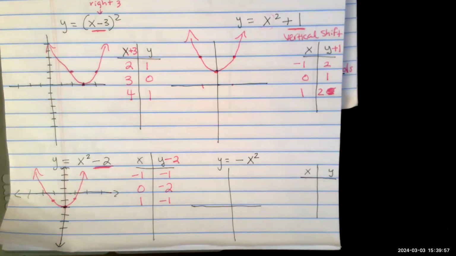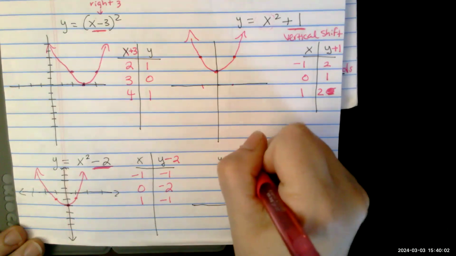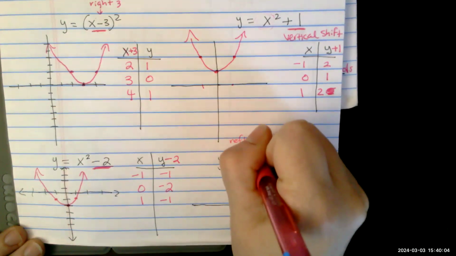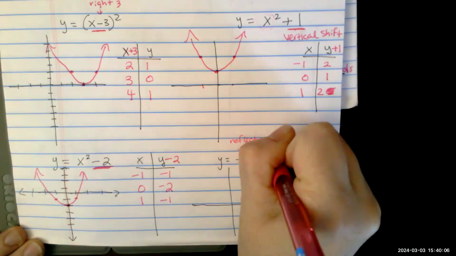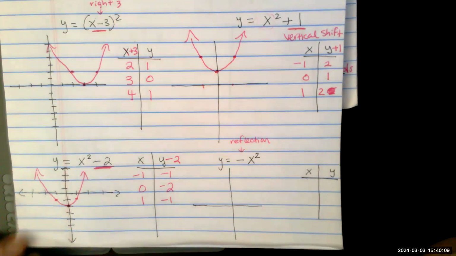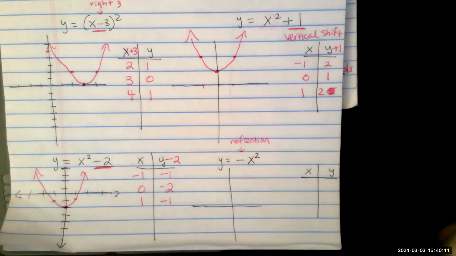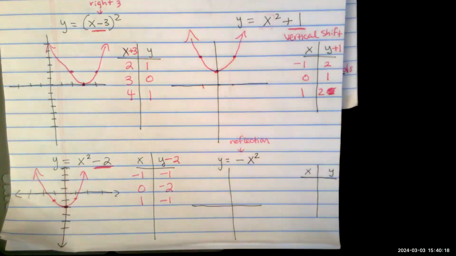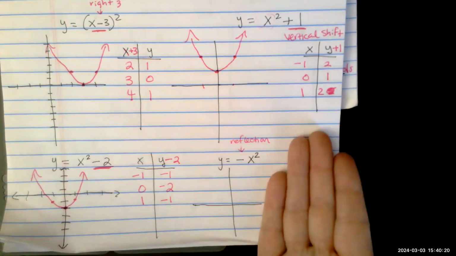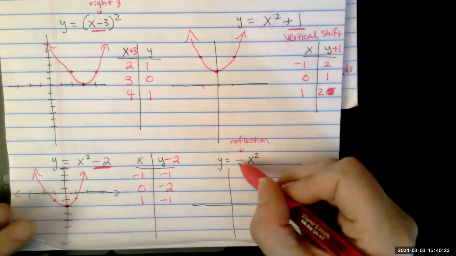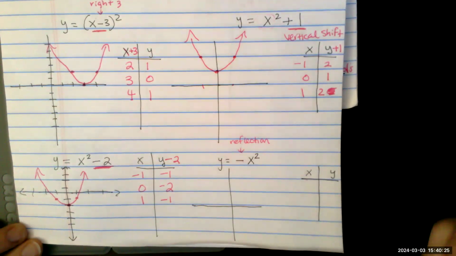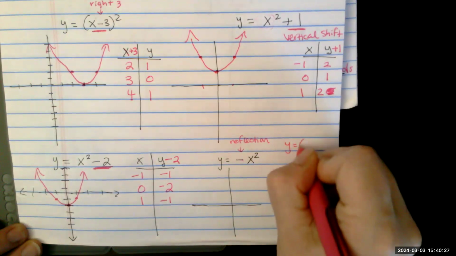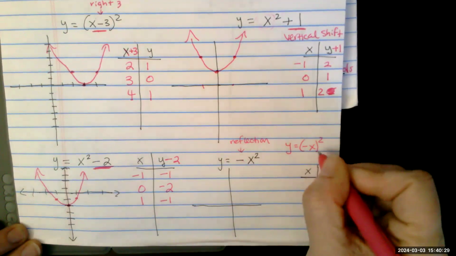Okay, let's see what's happening to this. When there's a negative being multiplied, first of all, it is called a reflection. But a reflection is kind of like a flip. So a reflection could flip the graph down, or it could flip it from right to left. So this is outside of the function again, because inside the function would look like that.